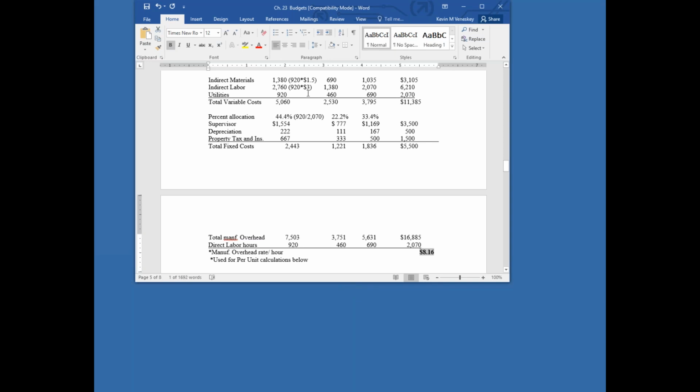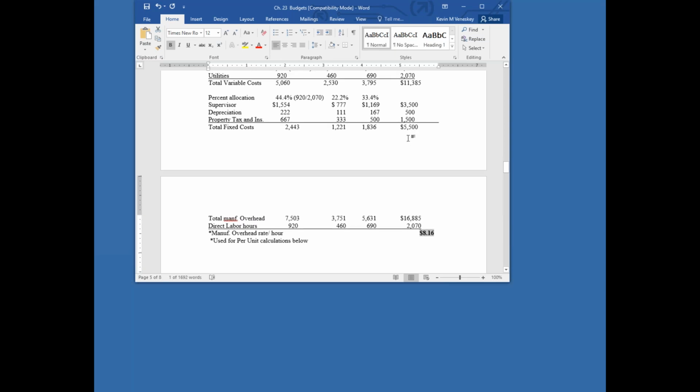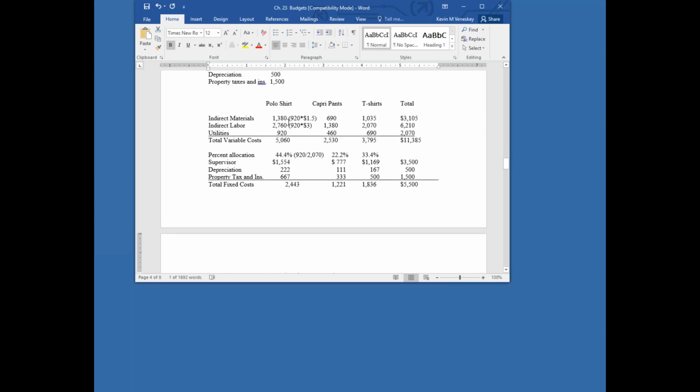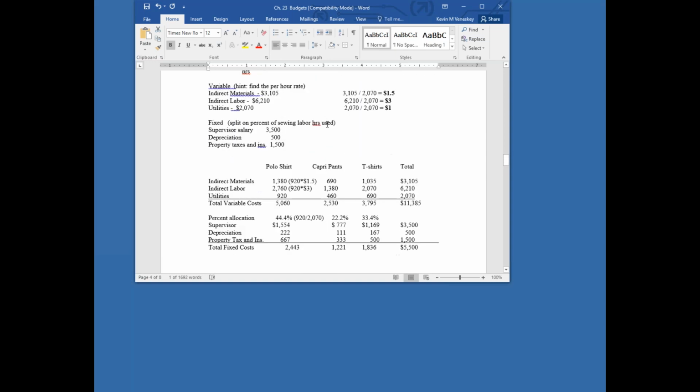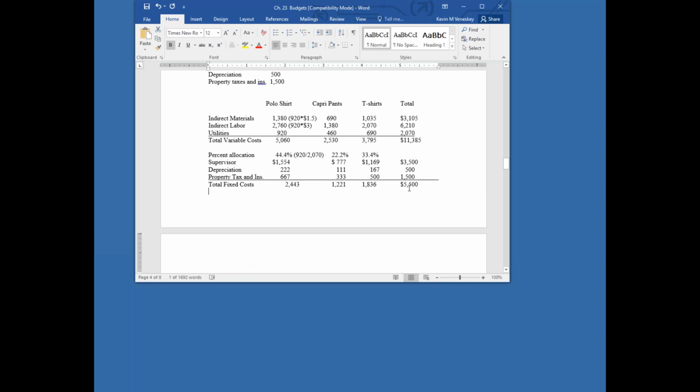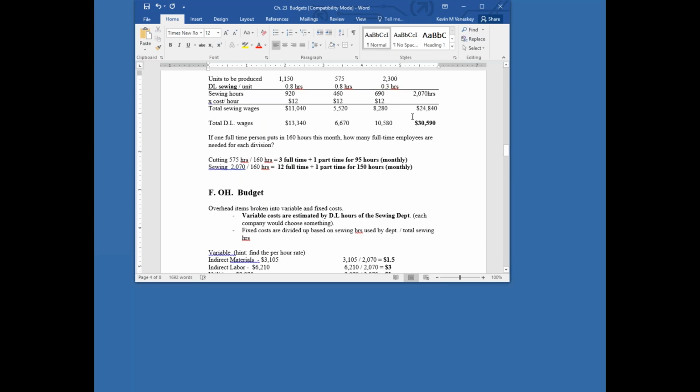Now, all three of these budgets that we just did, the materials, the labor, and now the factory overhead, are all going to be very useful in our next part 2 section when we do the balance sheet. But now we're going to begin to put it all together because we want to determine what is our actual cost of goods sold. All this did so far is tell us how much we are spending, or maybe not necessarily cash, but how much we are expensing out or utilizing this year. $11,385, $5,500, and then our labor.